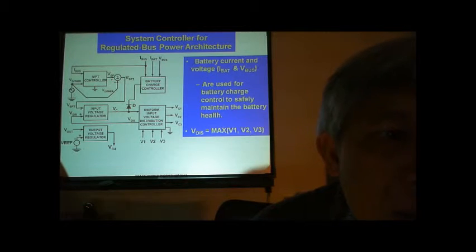The output voltage regulator is also added into this system controller to regulate the system output voltage V out to the target corresponding to V left. The control voltage VC4 directly feeds the control port of converter number 4 shown in the previous slide, and this particular converter provides the bus voltage regulation or the system voltage regulation V out.